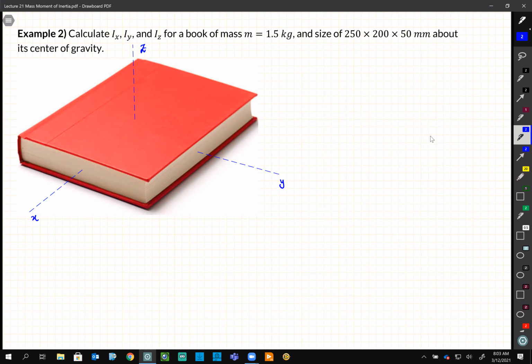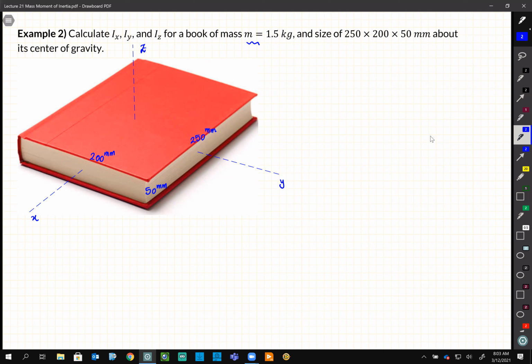This side is 250 millimeters, this side is 50, and this side is 200 millimeters. And we have the mass. So it's a box, and we have the formula for a box from that table.